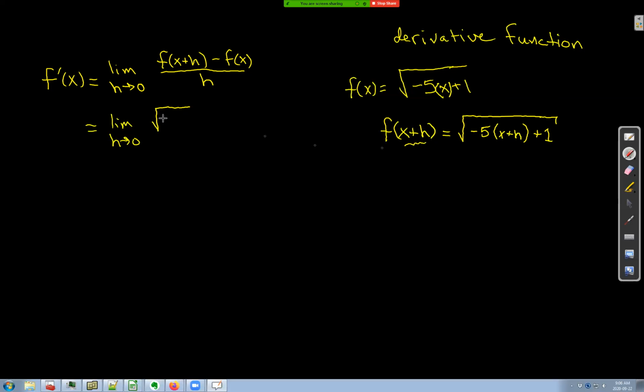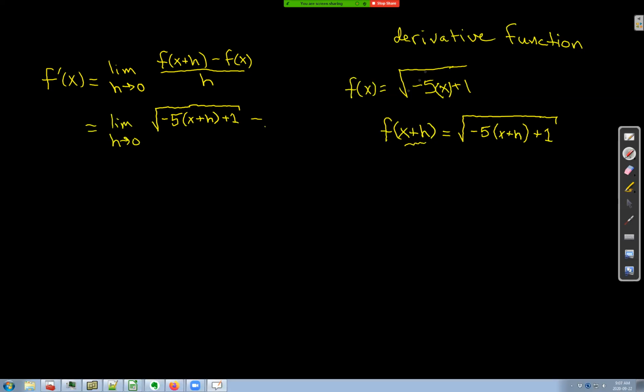So it's going to be the square root of -5 times x plus h, and then plus 1. And now I have to subtract f of x, which I have right here.